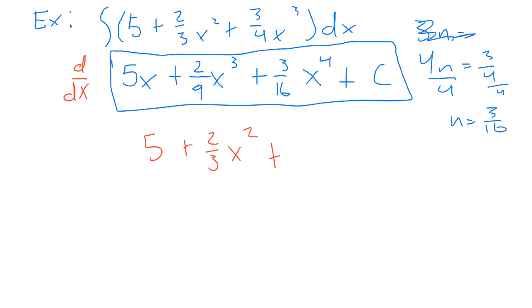Then we have this 3/16. So 4 times 3/16 is 3/4 times x to the 4 minus 1, which is 3. And that generic constant c, the derivative of any constant is just 0. So we can see that we get the same thing when we derive our integral as we did when we started.